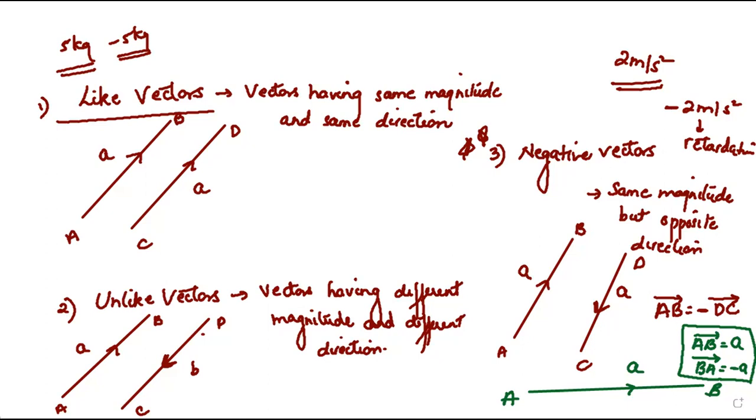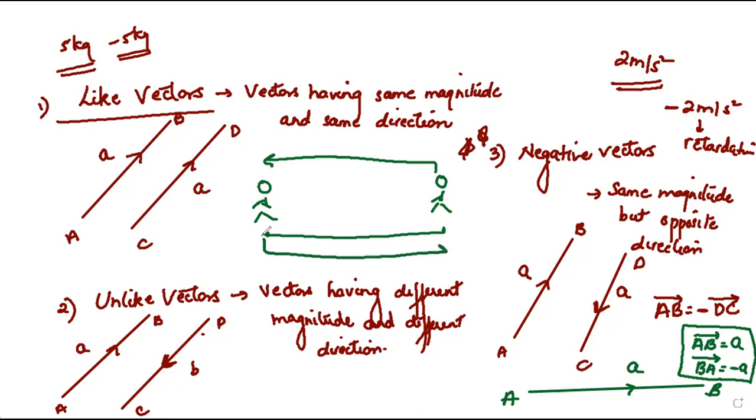See, negative vectors are simply those vectors that have the same value, the same magnitude, but their directions are different. You can take an example. Suppose there are two twins. This is 1 and this is 2, and they both weigh the same, everything is the same. Now this twin is at this end and this twin is at this end. Definitely the distance between both the twins is the same. Now he is moving towards this direction and he is moving towards this direction.